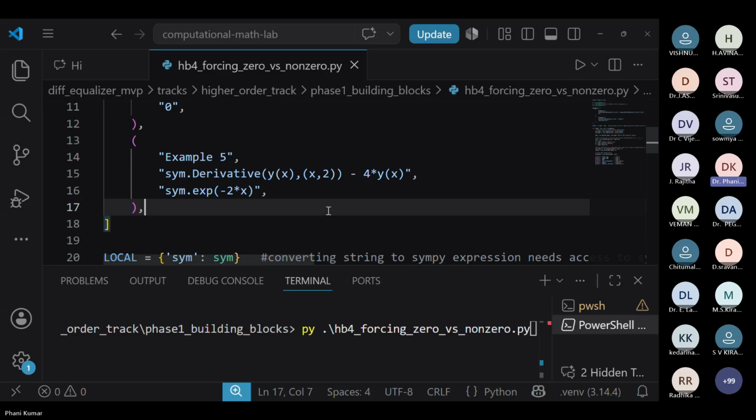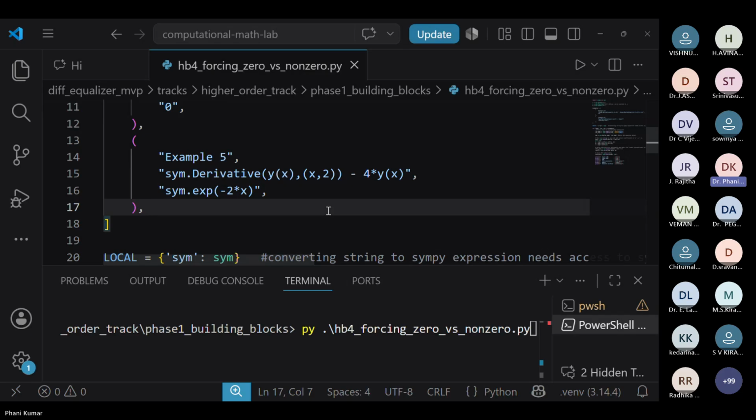Already in the morning, I explained that whenever we have trigonometric functions, logarithmic functions, or exponential functions, we have to express them in this form: sim dot exponential dot of minus 2 star x, right? Now this is my differential equation, sir.